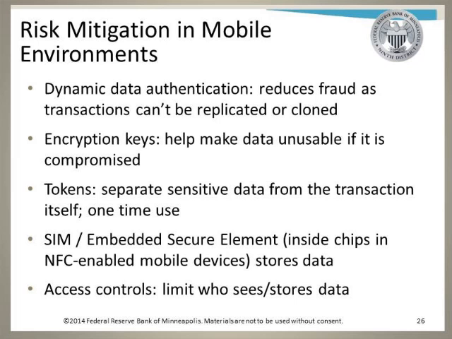Now on line 26, I've noted a number of different kinds of risk mitigants that you may want to think about that are relevant to the mobile environment. So dynamic data authentication, maybe the easiest example of this is not specific to the mobile channel, but rather when you think about our cards today and they have that mag stripe on the back that you swipe. That's static data. It's the same data every time you swipe it effectively.